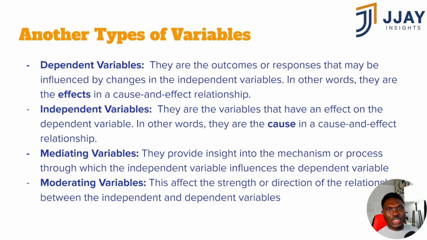I'm using all of these terms so that you can understand, because it necessarily might not be cause and effect. It just means this is how to think of it to be able to understand better for everyday analysts. Mediating variables provide insights into the mechanism or the process by which the independent variable influences the dependent variable. So most of the time you say things like, oh, I'm hungry, then I fall sick.